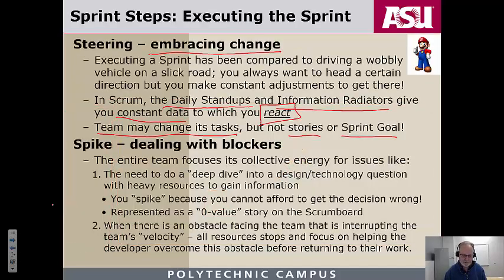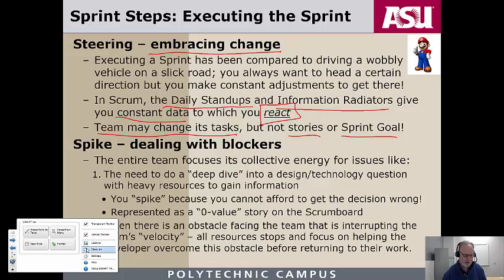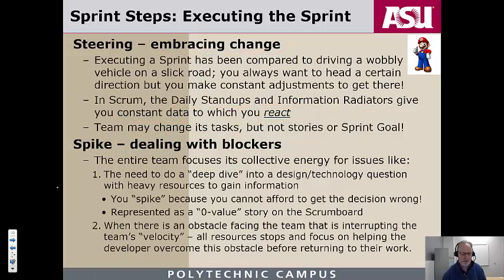Now, what happens though if the team feels like it's in some trouble? That in the course of the sprint, they don't feel like they're actually going to be able to meet the potentially shippable increment. There's something going on. There's a couple things that you can do, and a couple things are allowed.